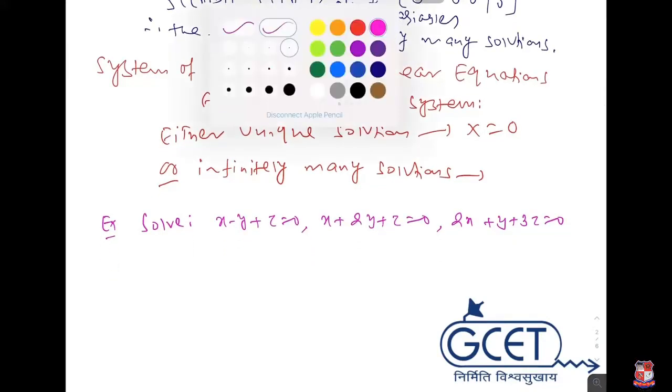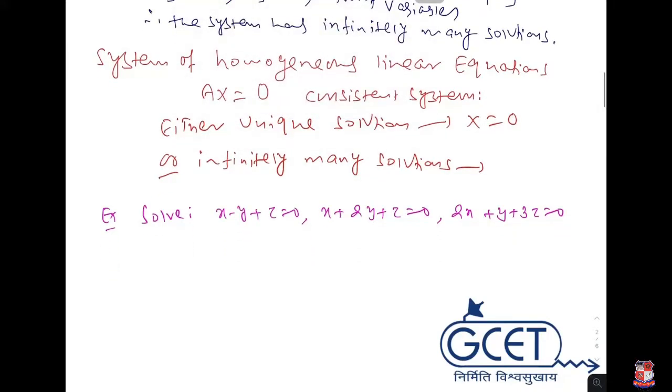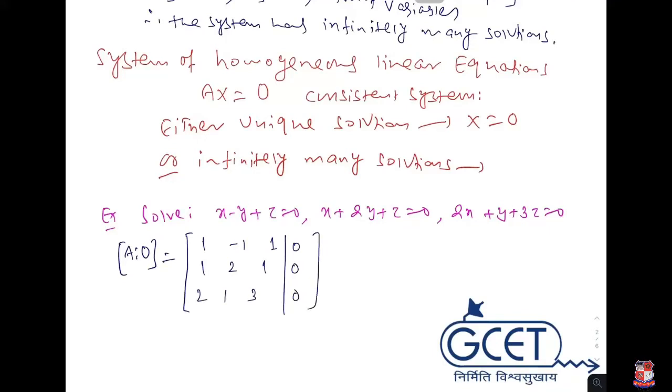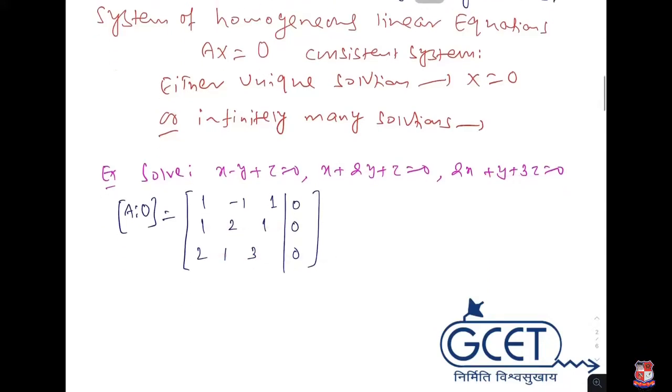So now let us have the augmented matrix. So now here the right side is 0. So this is 1, minus 1, 1 and 0. 1, 2, 1, 0. 2, 1, 3, 0. So all the elements are the coefficients here, the first row, second row and the third row.